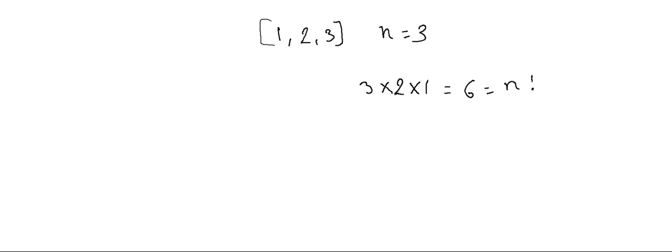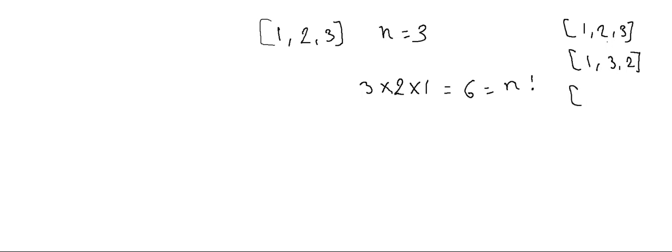Now if we print all the permutations of this, we will have 1, 2 and 3. Then I'm going to have 1 and exchange the two positions for 2 and 3, so 1, 3 and 2.